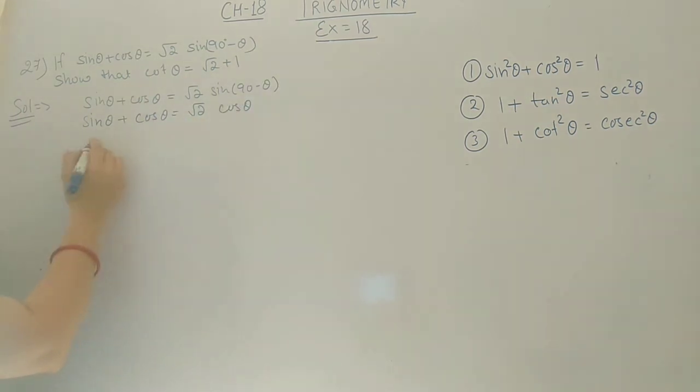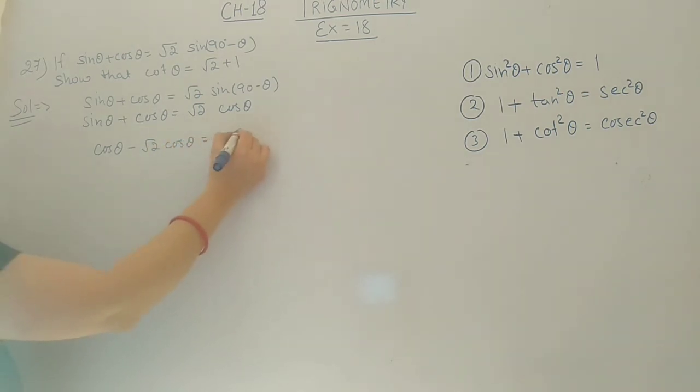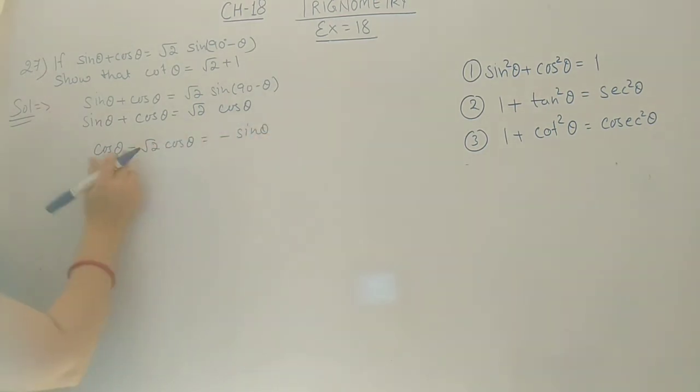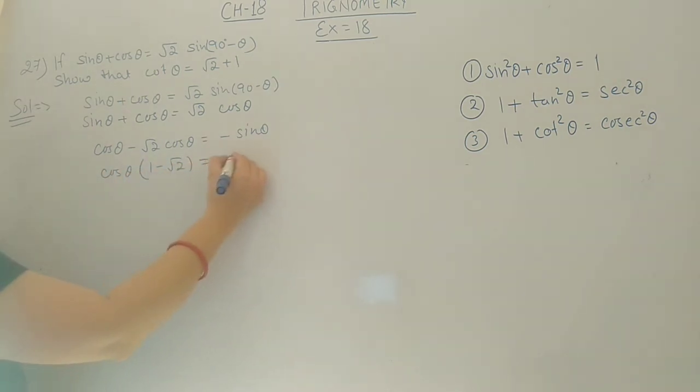Now cos theta we will shift to one side. Cos theta minus root 2 cos theta is equal to minus sin theta. Here cos theta if we take common, then we have cos theta (1 minus root 2) is equal to minus sin theta.